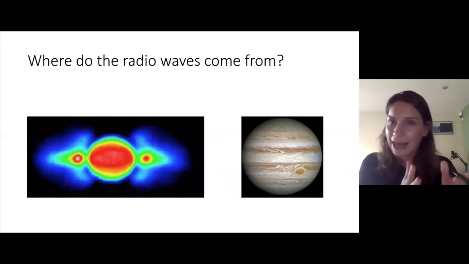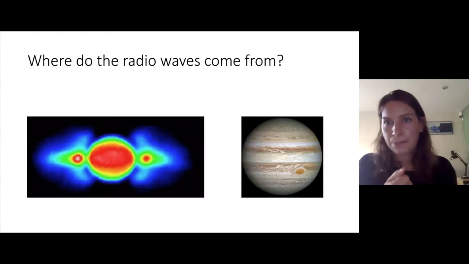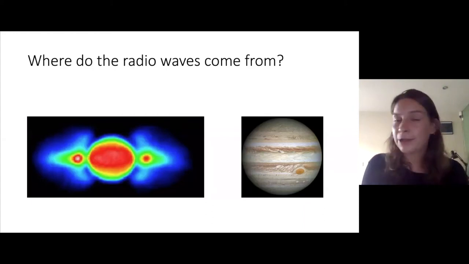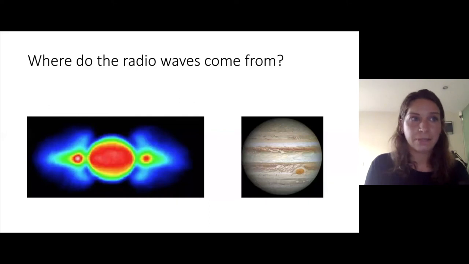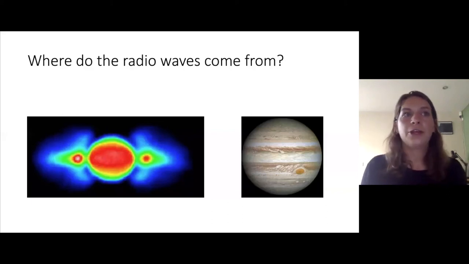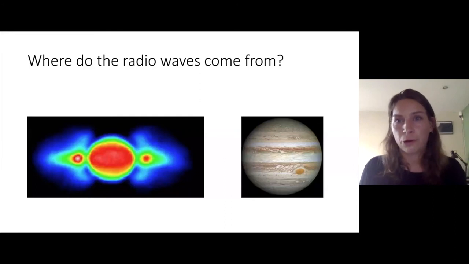When they interact with a strong magnetic field, they give off light, and it just so happens that this light is in the radio part of the electromagnetic spectrum. Therefore, we detect radio waves, and if you can map the radio emission of an object, then you can infer the presence of a strong magnetic field.